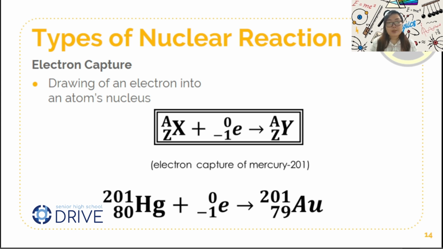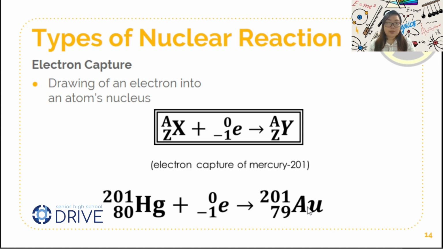So, what happens in the atomic number and the atomic mass? The atomic number decreases by 1 because the proton is already combined with the electron, and then the atomic mass stays the same. Okay? Take a look at this example. Electron capture of mercury-201. So mercury-201 captures an electron. It becomes gold-201. Okay?